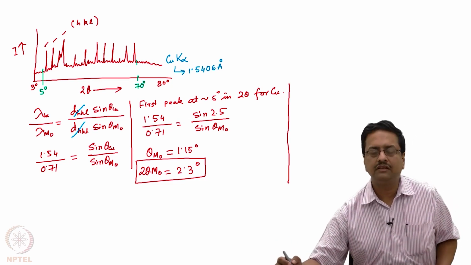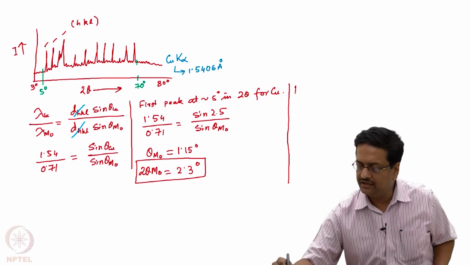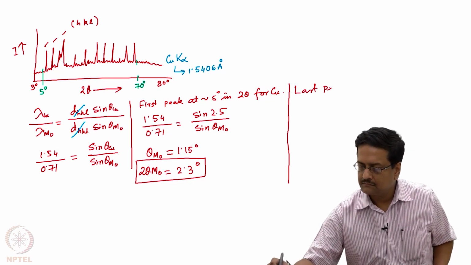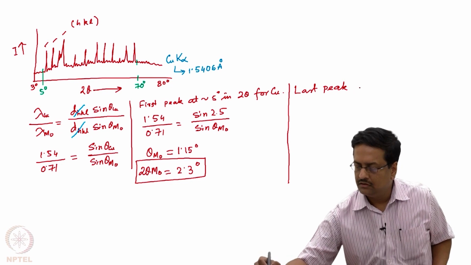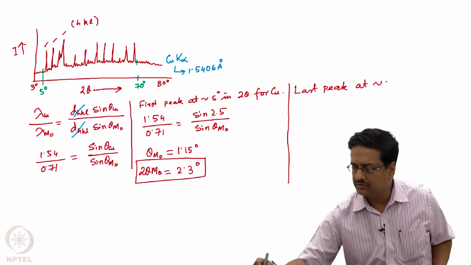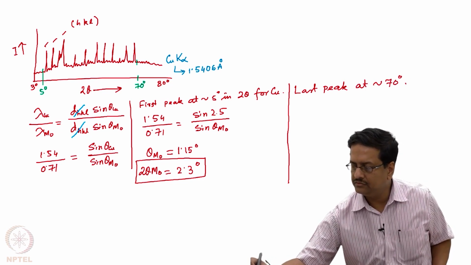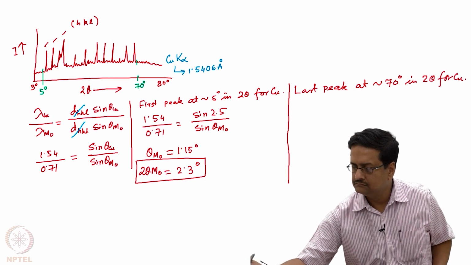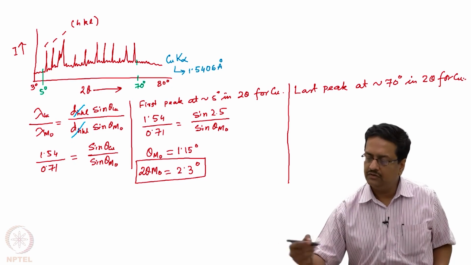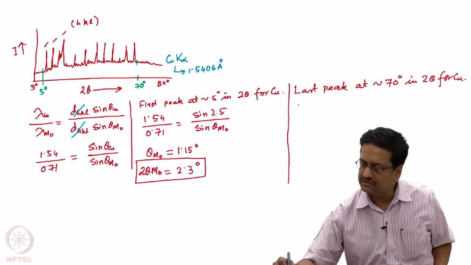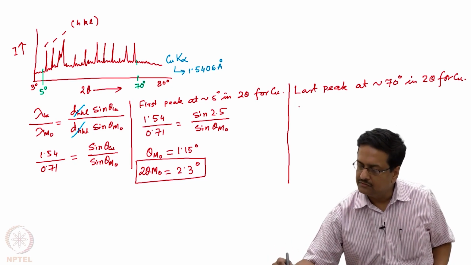Similarly, the last peak for copper K alpha radiation is at about 70 degree in 2 theta. So again we apply the same method at this last peak.